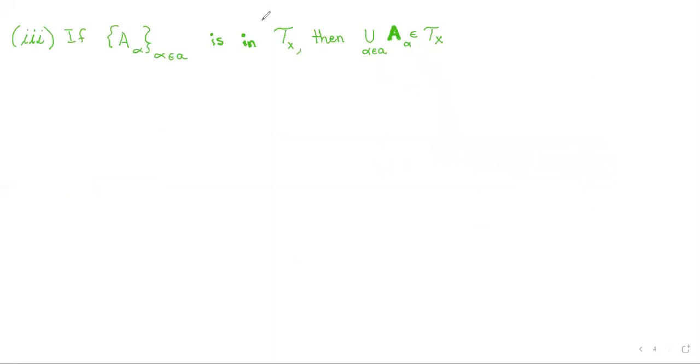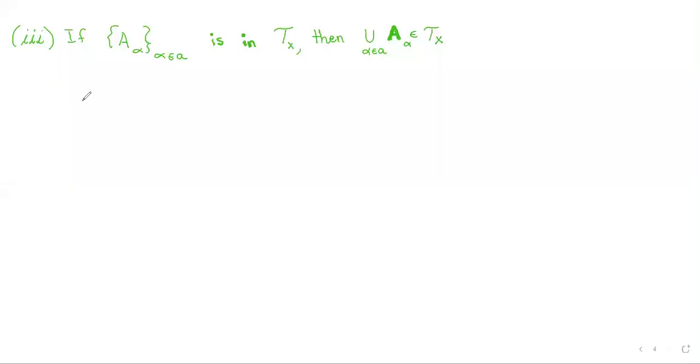And the third condition says if there is a collection of sets in topology X, then the union of the collection is also in topology X.